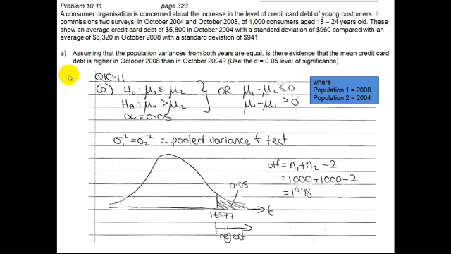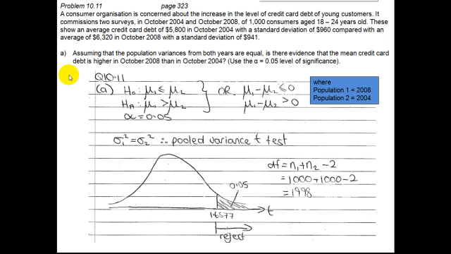So what I've done here is I've said let population 1 be our October 2008 result and population 2 will be October 2004. Now remember, the null hypothesis is the status quo hypothesis. The alternative is the hypothesis of change. So it's the alternative that we're usually stating in our questions.